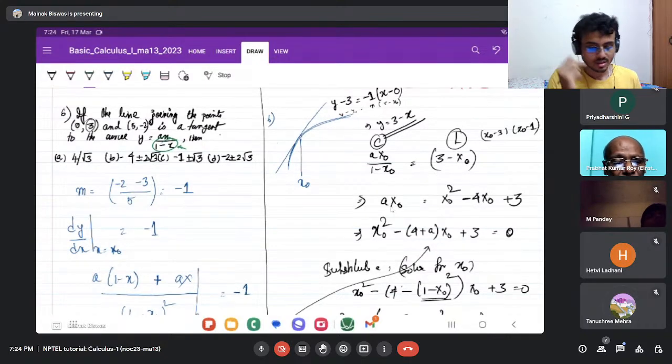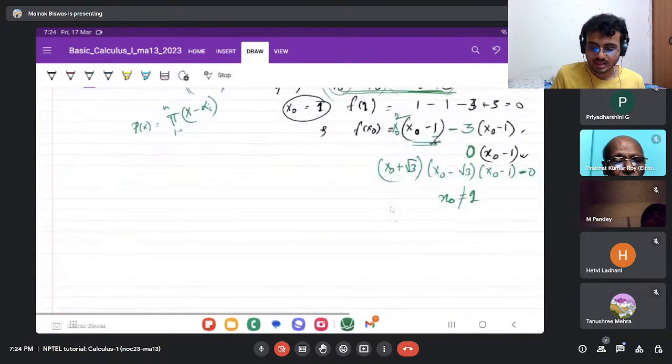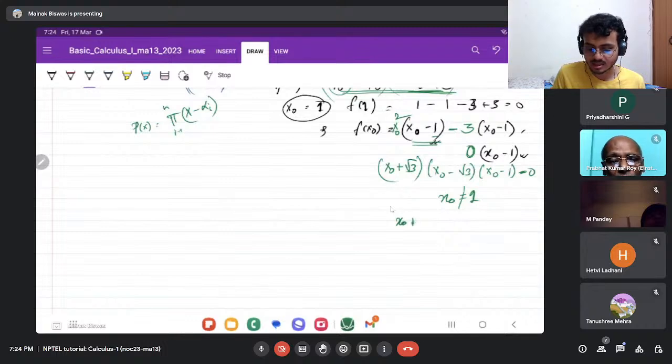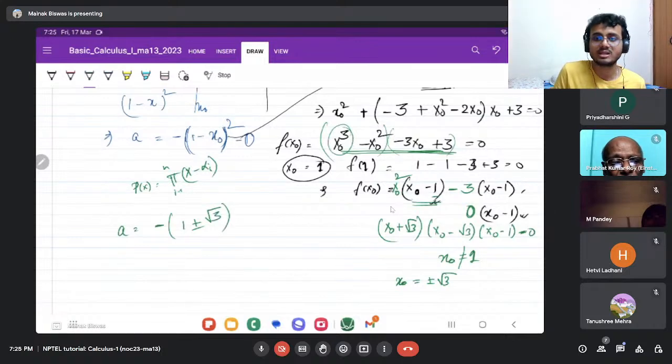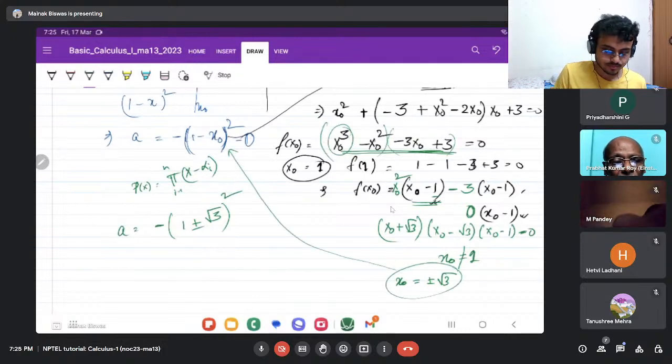Yes, sir. So the only answer you have is x naught is equal to plus minus root 3. So what is A? A is minus of 1 minus (plus minus root 3) squared. It remains plus minus, right? Minus of plus minus is also plus minus. I'm putting this here. So I get minus of 3 plus 1 plus minus 2 root 3, right?